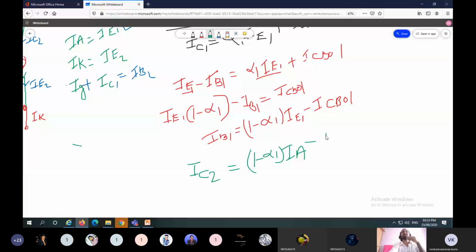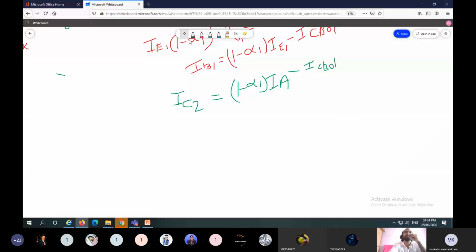So here IC2 is second transistor collector current. So what is the relation between collector current in terms of common base gain? In terms of gain, if you take for second transistor, alpha 2 equal to IC2 by IE2. This one is the formula for current gain of second transistor, alpha 2 equal to IC2 by IE2.